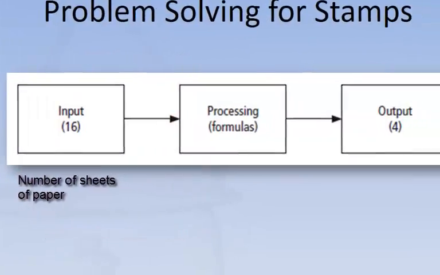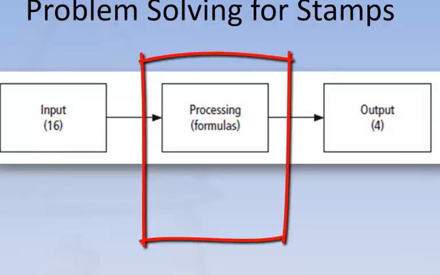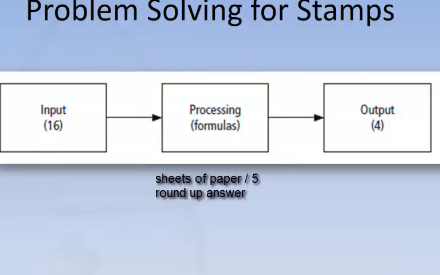Finally, we have to consider what processing needs to be done with the inputs in order to produce the output. For our snail mail problem, this is pretty easy. Divide the input number of sheets of paper by 5 to produce the output number of stamps. We also have to remember to round up our result if it is not a whole number.